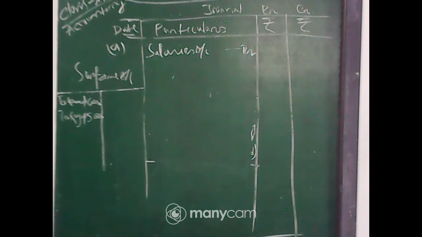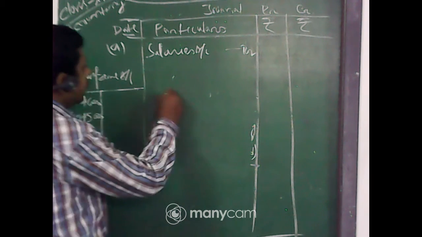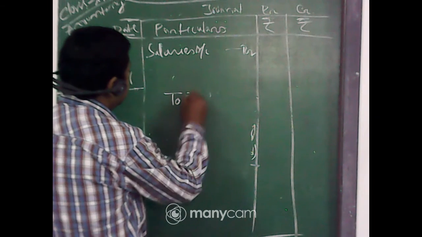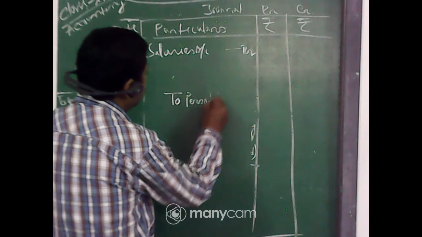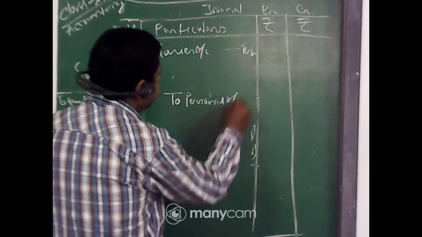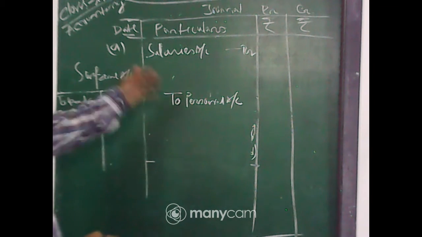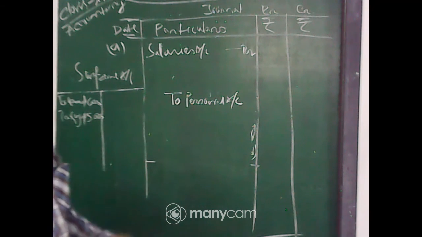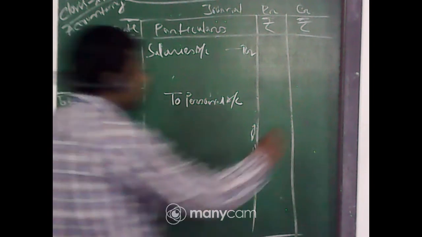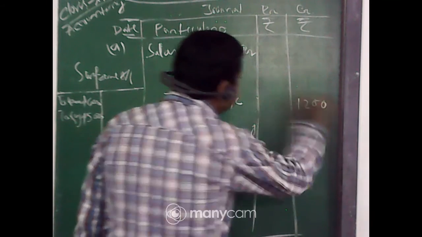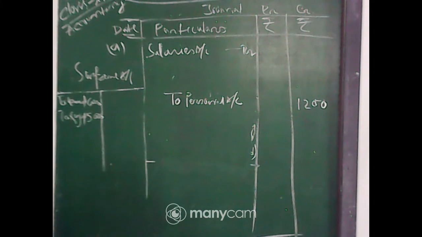They debited his personal account as rupees 1200. Personal account should not be debited in payment of salary, they wrongly debited it, so I am crediting it by the amount, 1200.